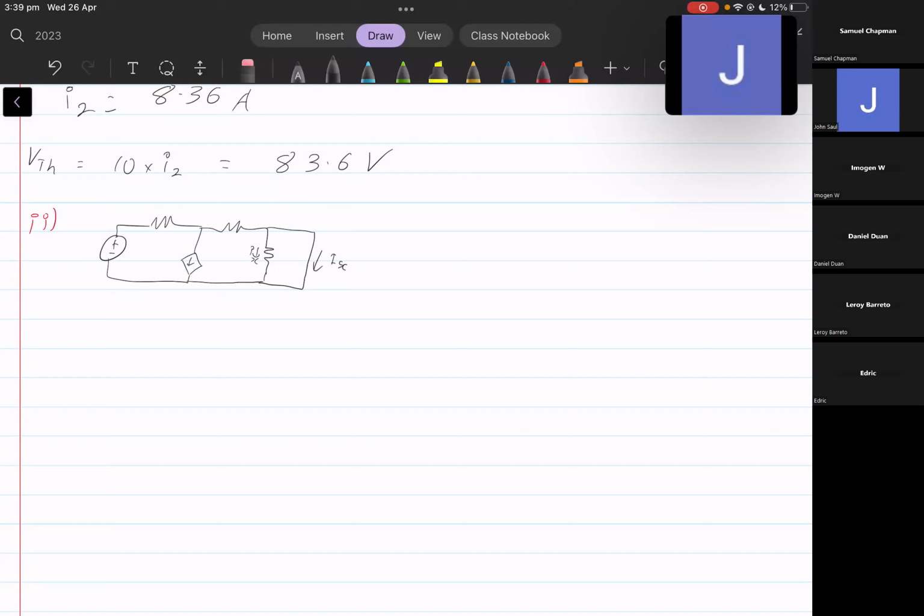So if there's no current flowing through that resistor, there'll be no current flowing through that dependent source. And if there's no current flowing through the dependent source, it'll just look like an open circuit, right? So because they've made that so nice, it looks like a hard question, but it simplifies down to this.